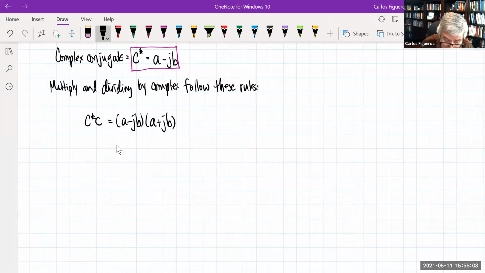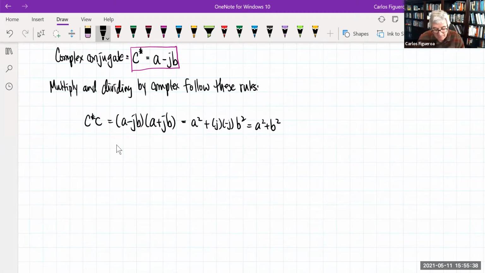When you actually do that, you get a squared. Then look at the cross terms, plus abj minus abj, that term goes to 0. And then I get j times minus j, b squared, but j times minus j is 1, so I get a squared plus b squared.